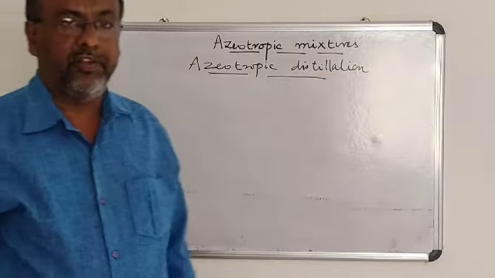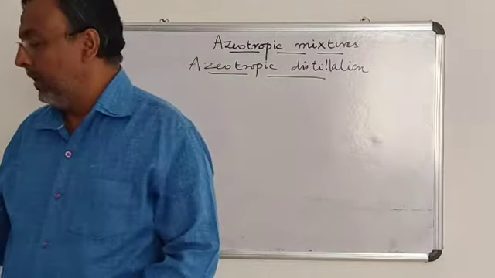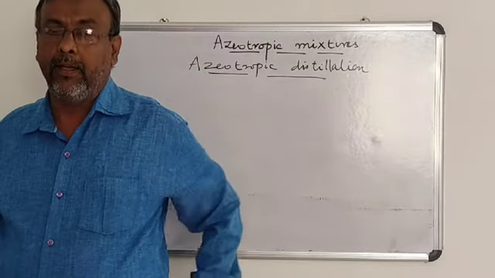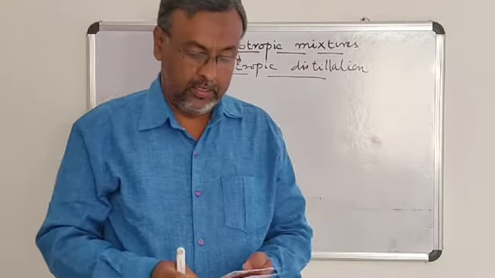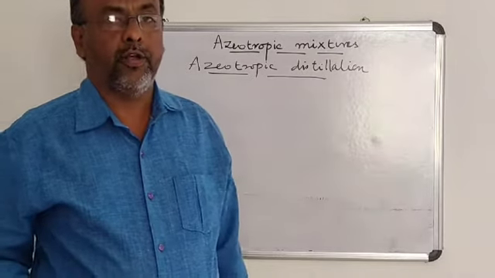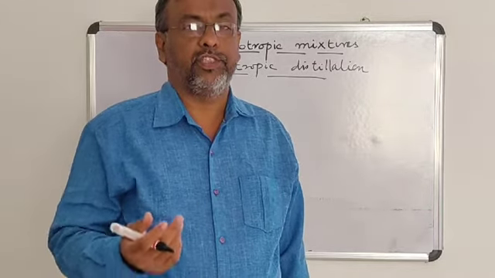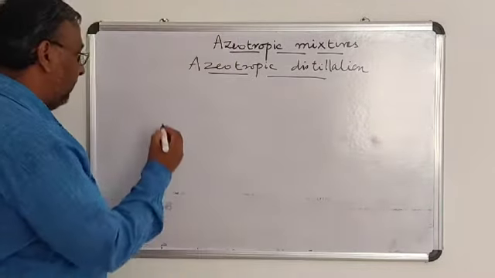This azeotropic distillation process can easily be explained by using a boiling temperature composition curve of this type.